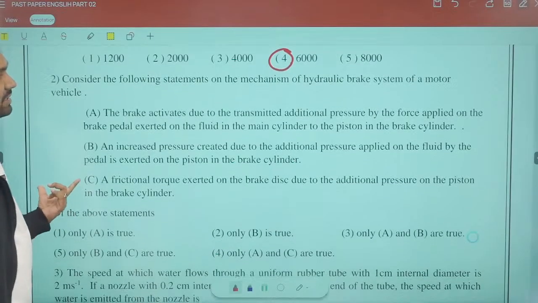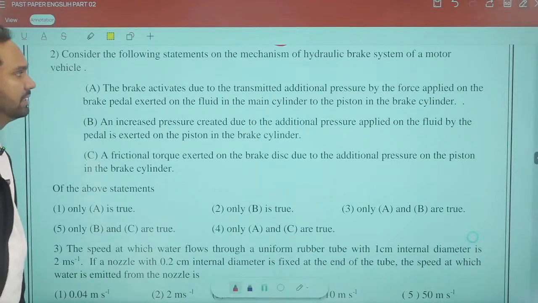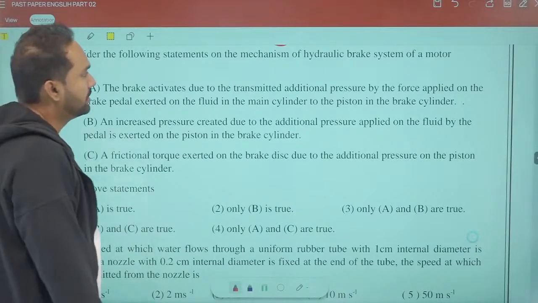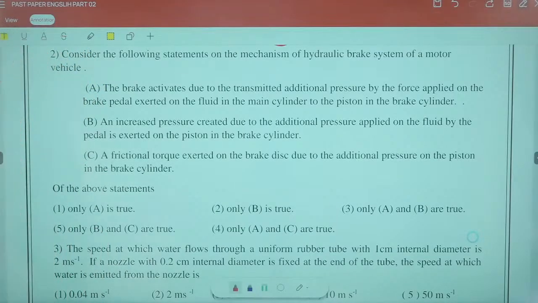A. The brake activates due to the transmitted additional pressure by the force applied on the brake pedal exerted on the liquid in the main cylinder to the pistons in the brake cylinders. They're asking for true statements. That's so far okay.